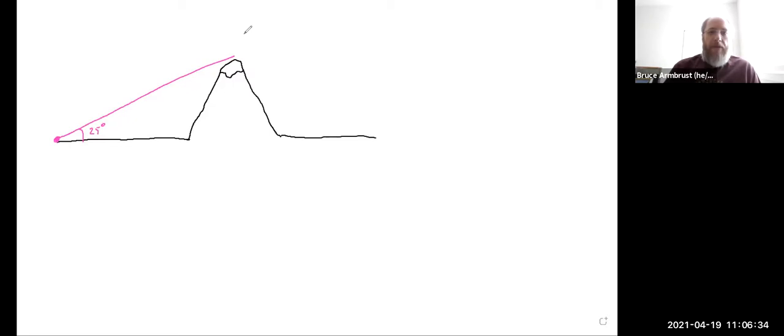And then they move a little bit closer and measure to the top, and they find that that is 29 degrees. Other information they tell us is that they moved in closer a distance of 2,000 feet. And finally, we're trying to figure out this height, right? So like if we imagine that the plane continues.